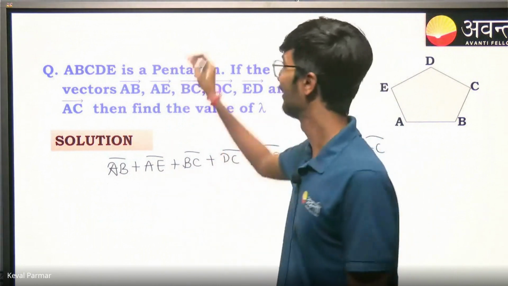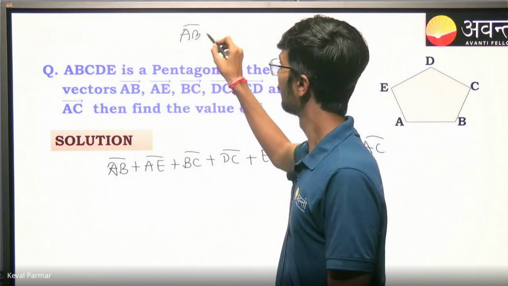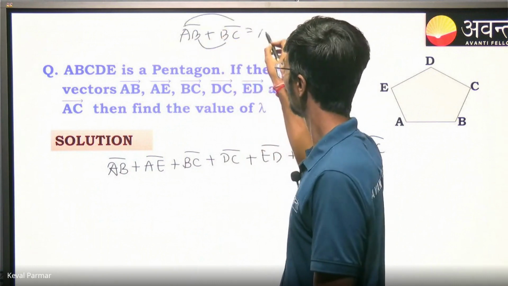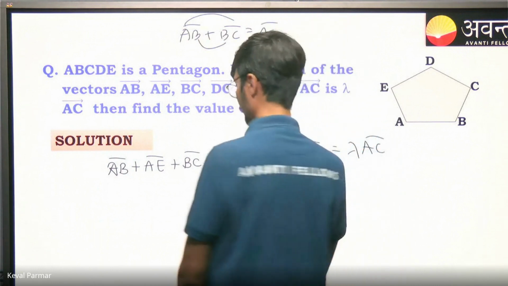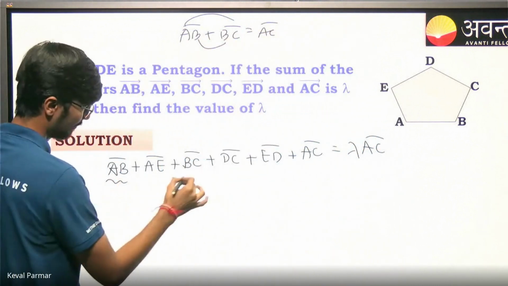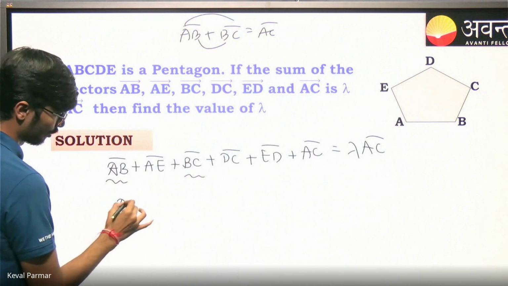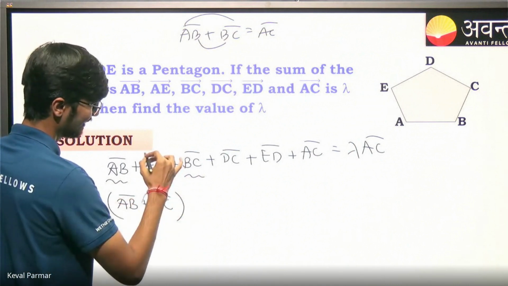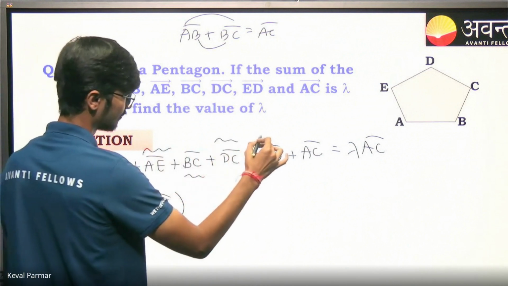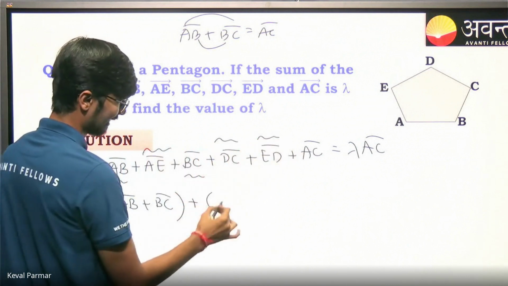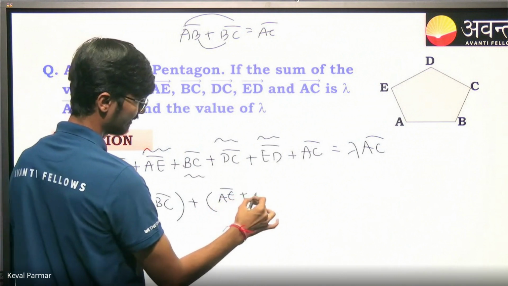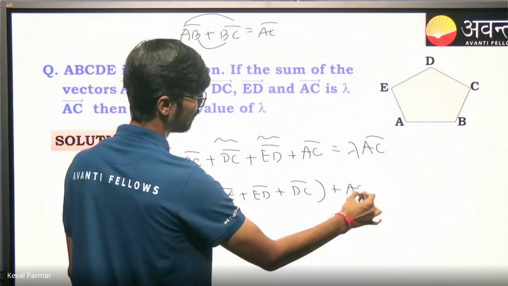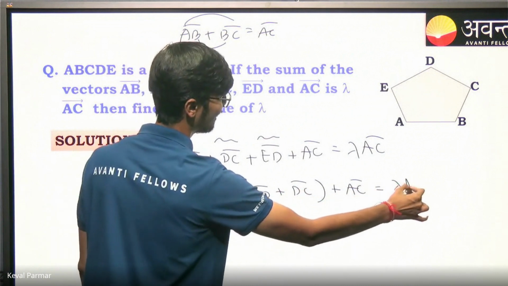So for triangle law, there is no need to draw a triangle every time. If AB bar plus BC bar, the B and B are the same, this is equal to AC bar. So I group AB bar plus BC bar, and the remaining three I write as AE bar plus ED bar plus DC bar, and then plus AC bar equals lambda AC bar.